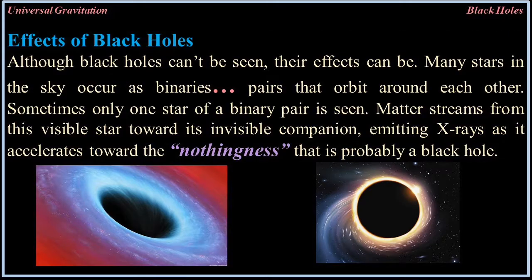Effects of black holes. Although black holes can't be seen, their effects can be. Many stars in the sky occur as binaries, pairs that orbit each other. Sometimes only one star of a binary pair is seen. Matter streams from this visible star towards its invisible companion, emitting X-rays as it accelerates towards the nothingness that is probably a black hole.